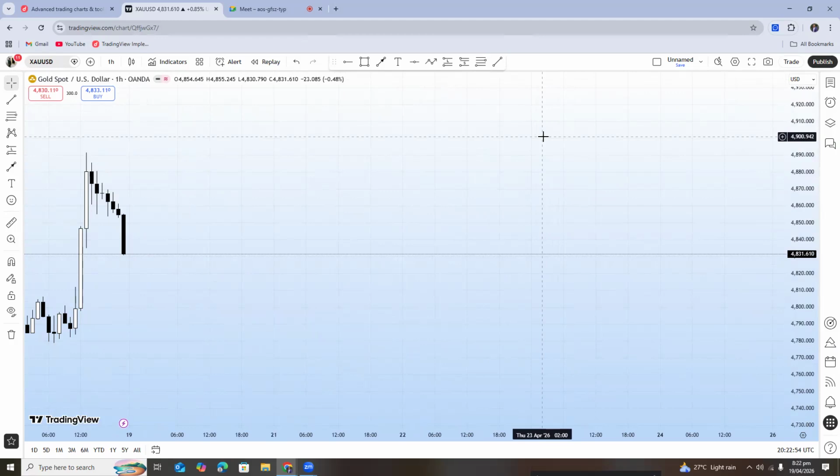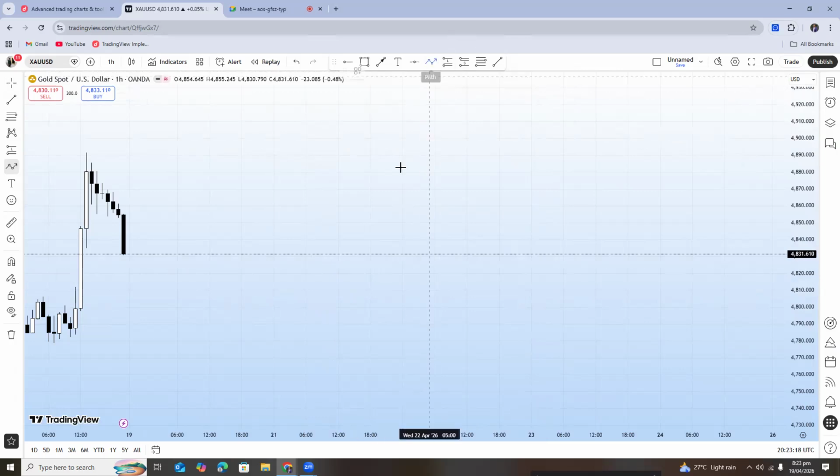Choppy is the same as consolidating. So we are going to trade when the market is either trending upwards or downwards, and when it is ranging. So we want to look into details how to technically define an uptrend, or how to technically tell that a market is in an uptrend.